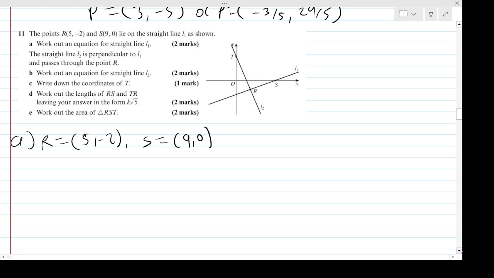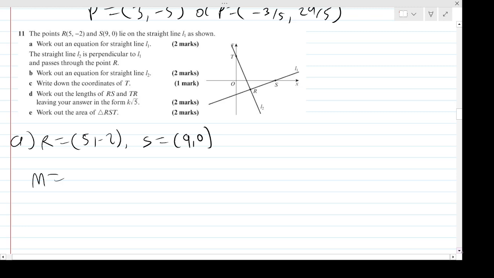So then to find the equation of the line L1 which goes through both points, well, I need the gradient and the y-intercept. So, the gradient first of all we can work out. Between the two points, the gradient is change in y over change in x.